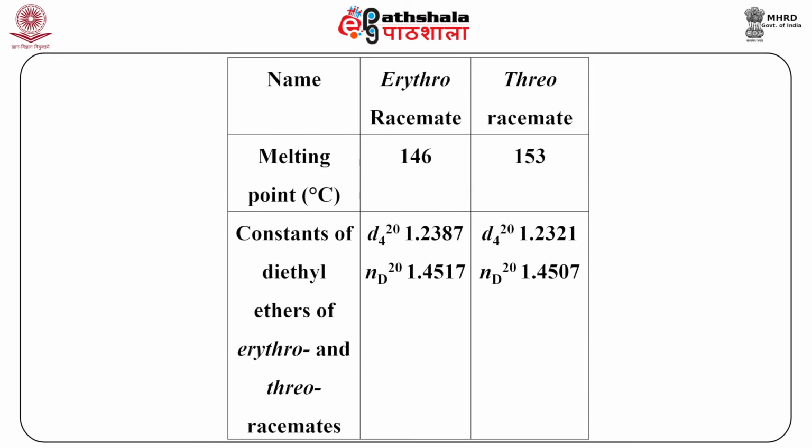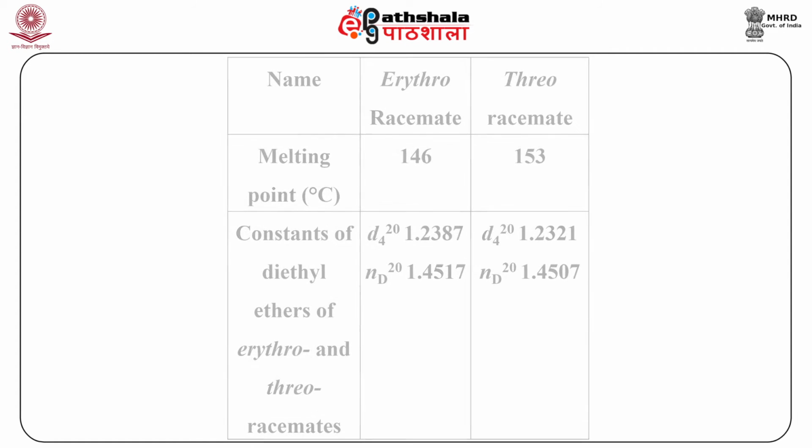The optical rotations are also found to be different for the 2 isomeric structures. The melting points of the erythro racemate and the threo racemate are also different, as shown also with the constants of diethyl esters of erythro and threo racemates, which are found to be different.